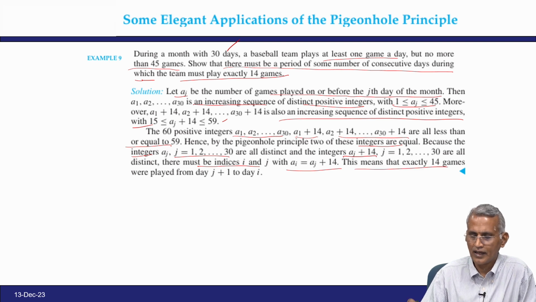This means exactly 14 games were played from day j plus 1 to day i. So, this is the elegant way of applying the pigeonhole principle with the help of the month and the associated games.